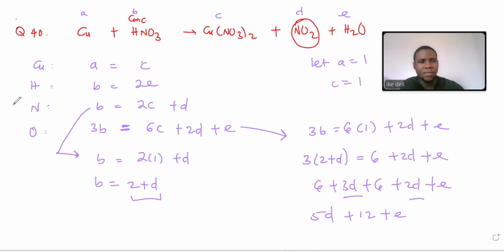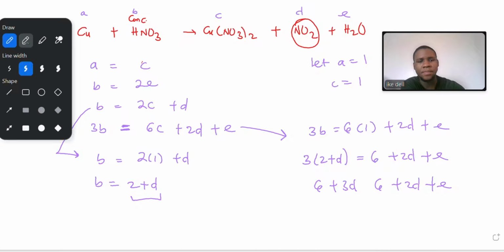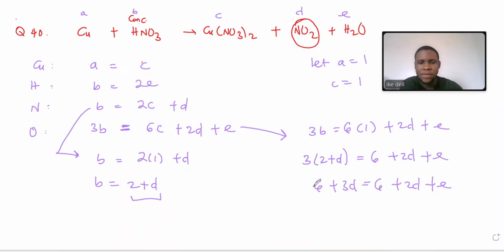Yeah, so I should have equals here. All right, so everything is looking good. 6 plus 3D equals 6 plus 2D plus E. Then I can subtract 6 from both sides, and bring the 2D to the other side. So I have this, and that means that D equals E.